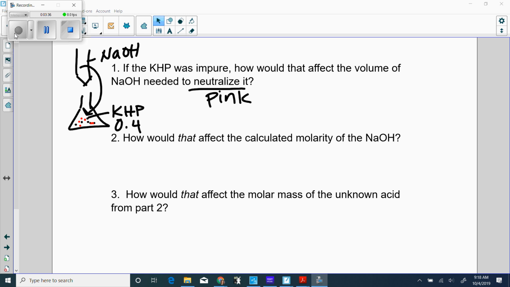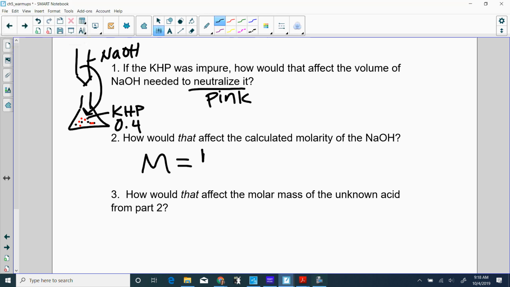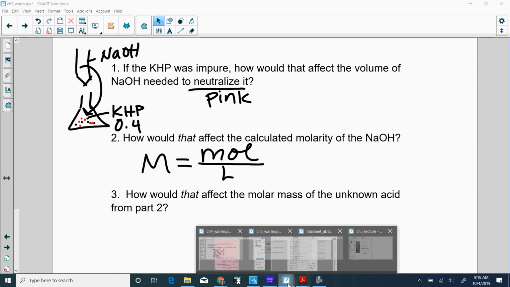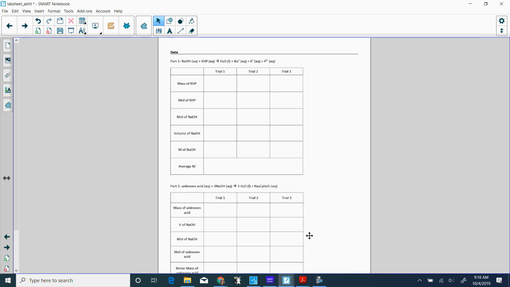Now, this is what the actual question says. The first analysis question says, how would that affect the molarity of the NaOH? So that comes from the volume of NaOH you just decided.